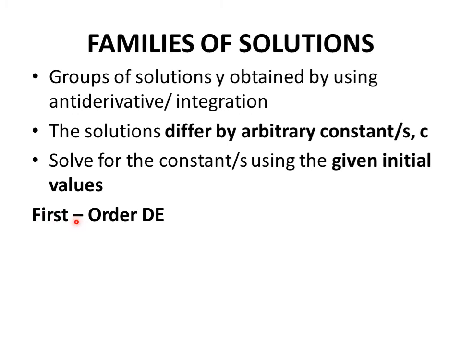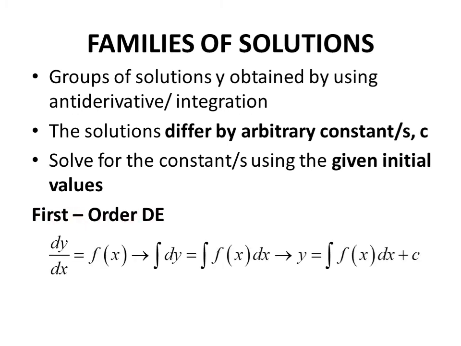For example, we are given this first order differential equation. So we have dy over dx is equal to f of x. Since we have only the first derivative, we can solve for the solution of this differential equation by integrating this differential equation once.